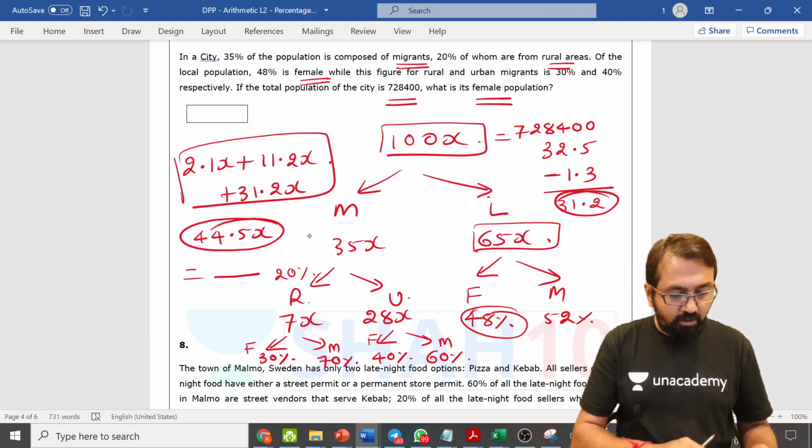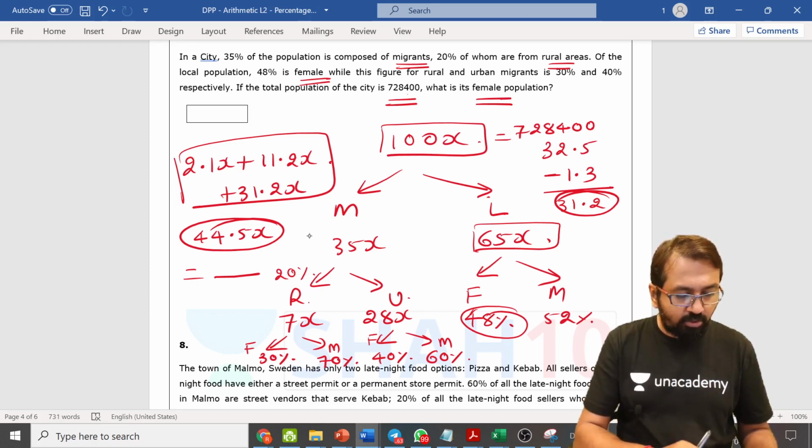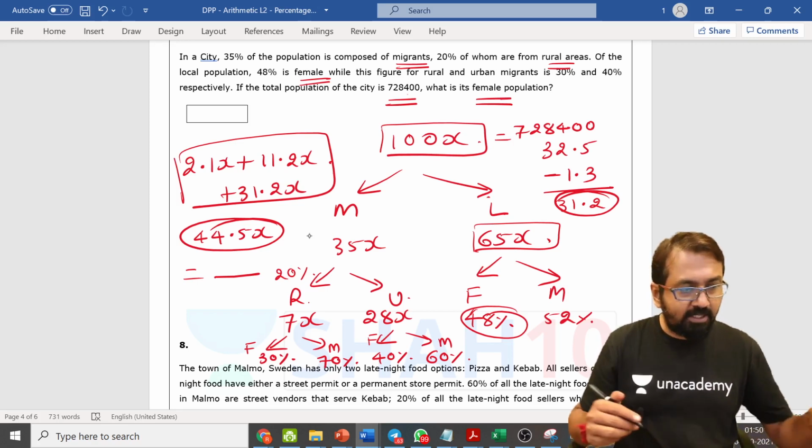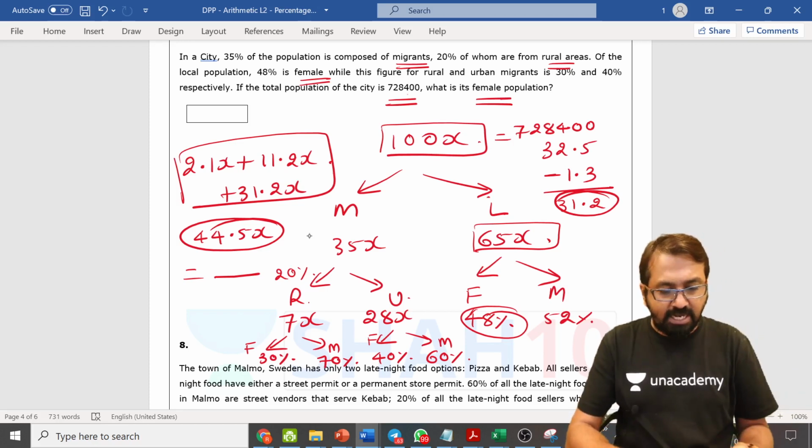If you want, for this question, maybe you can just use a calculator, so that you can quickly wind up this question, right? So it will come out to be, let me just do it quickly through the calculator.